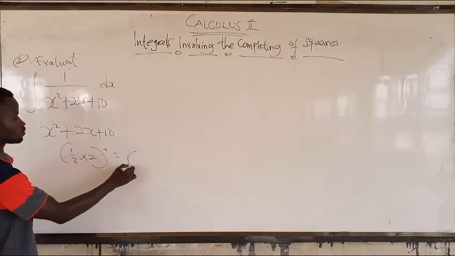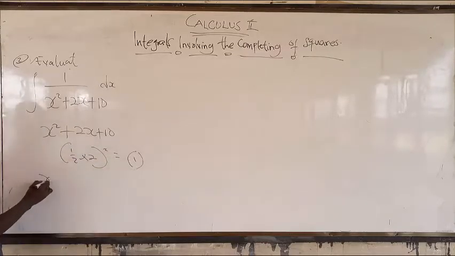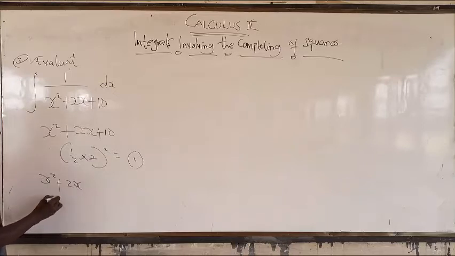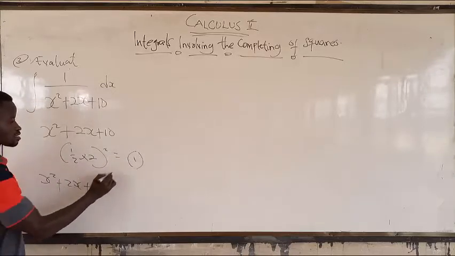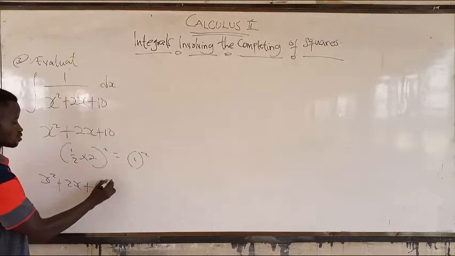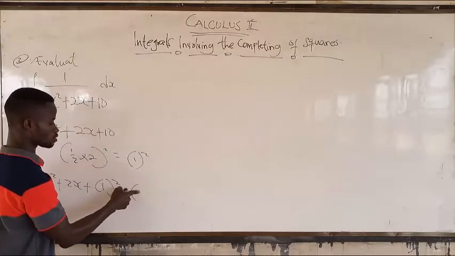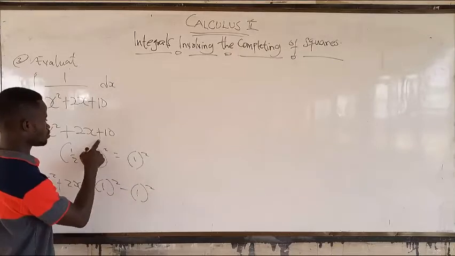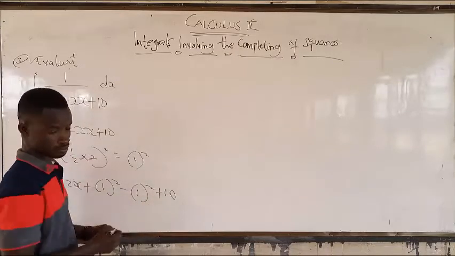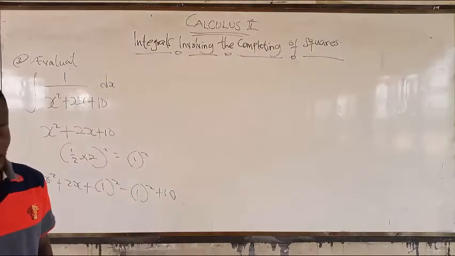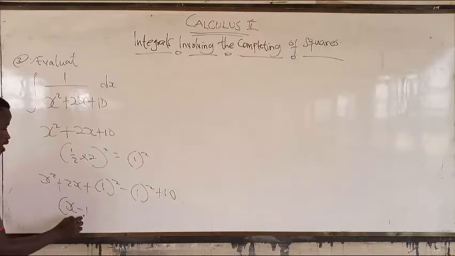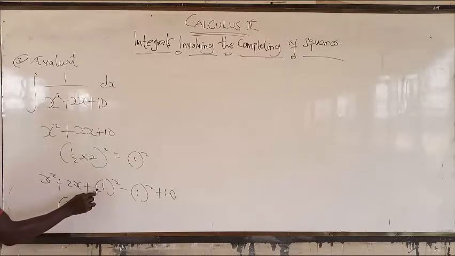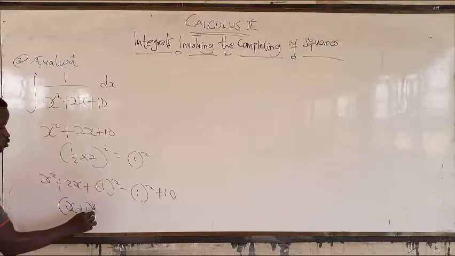Then you square it. So with this, you get 1. So you get s squared plus 2s, then you add this, then you subtract, plus 10. Very good. So having this, you're going to get s minus 1. Sorry, here is plus. So s plus 1 squared.